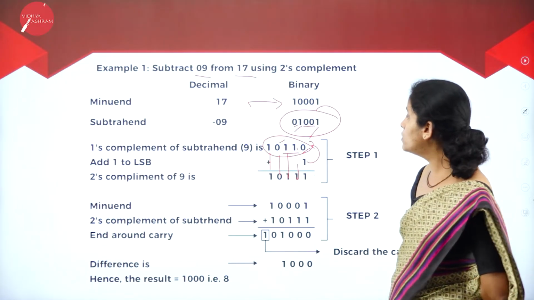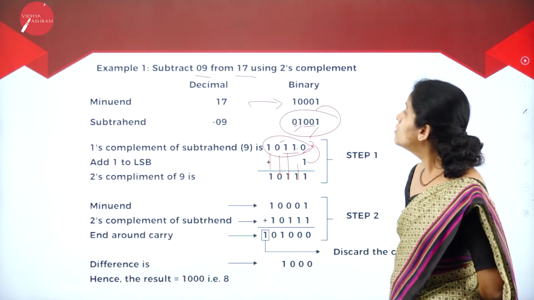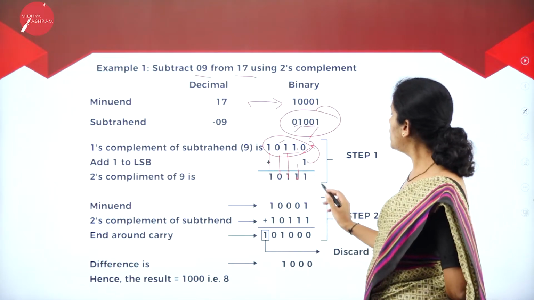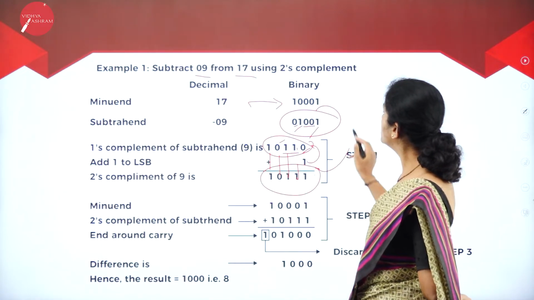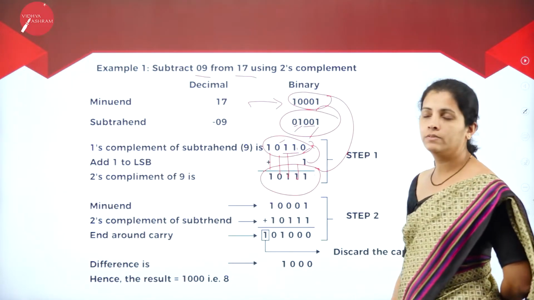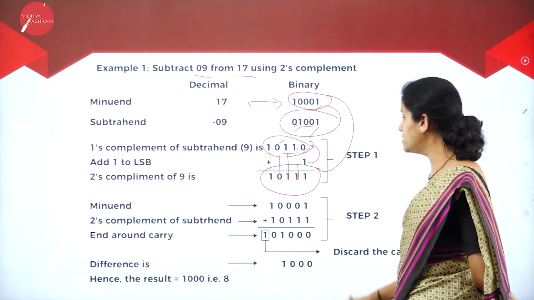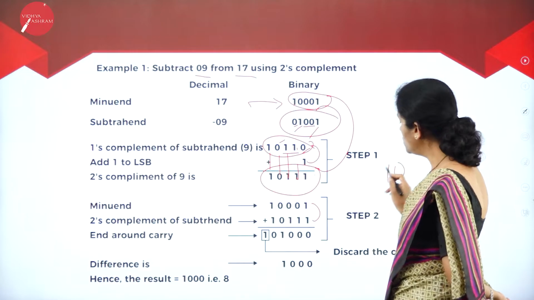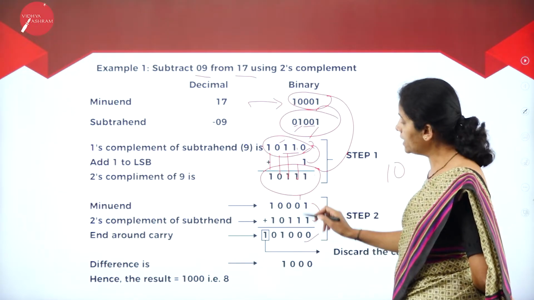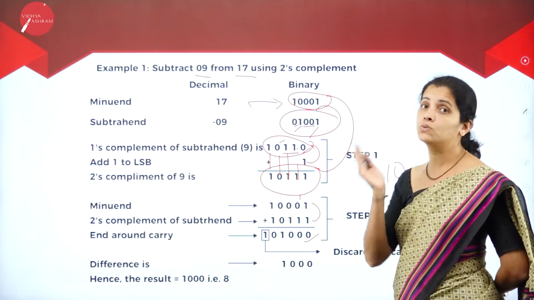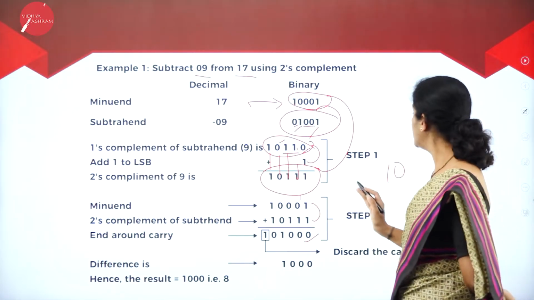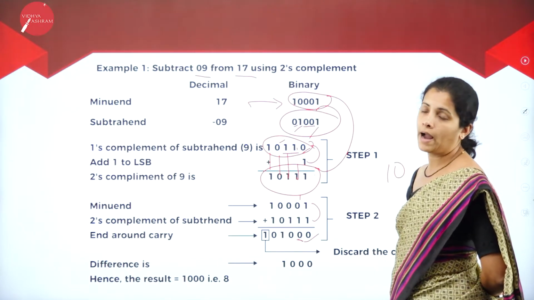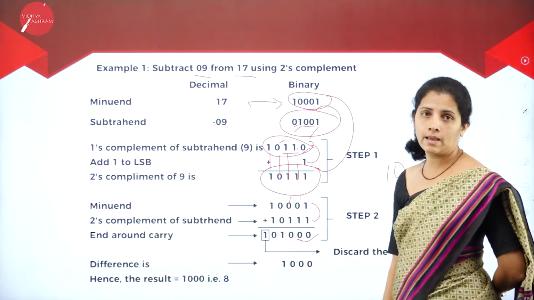Now what I want to do? I am going to perform the addition operation. That is, I'm going to add this value with the minuend. So, I'm going to perform the addition operation. 1 plus 1, it is 1, 0. So, I'll write 0, 1 carry. 1 plus 0, it is 1. 1 plus 1, it is 0, 1. So, I'll write 0 and 1 carry.